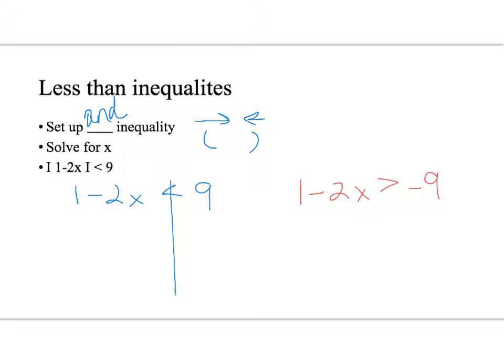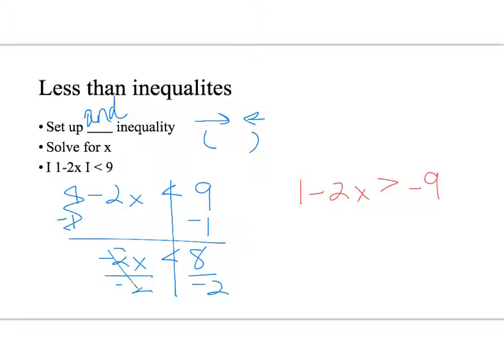So in blue here, you would solve this by subtracting 1 from both sides. You would get negative 2x is less than 8. Divide by negative 2. When you divide by a negative, you will flip the inequality to the right. So you will have x is greater than negative 4.